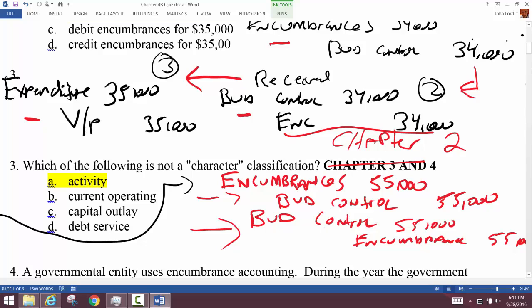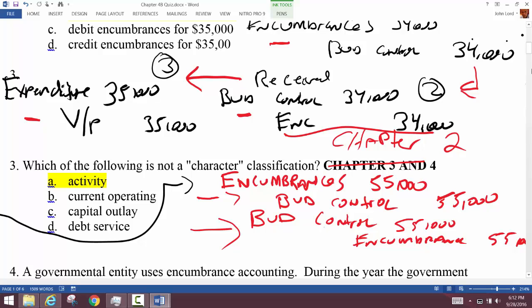We put different labels on our expenditures, remember, that indicate to us the period of benefit, doesn't it? Remember, we had current as a character designation. We had capital outlay, which was going to say it should benefit the current and future period. We had debt service, didn't we? Okay.